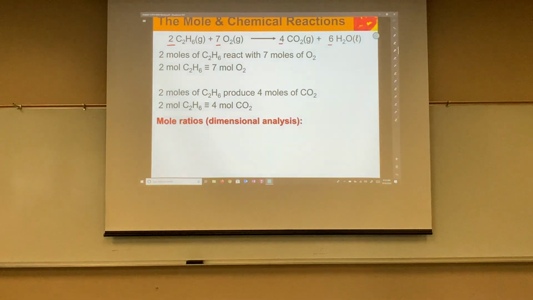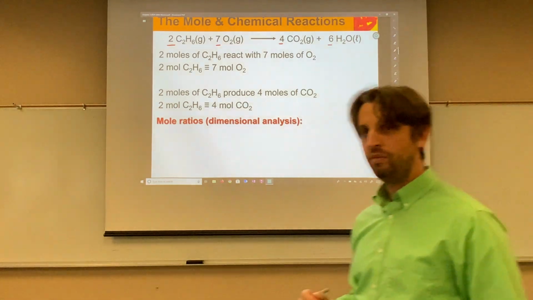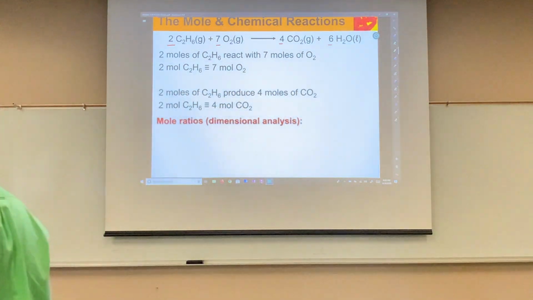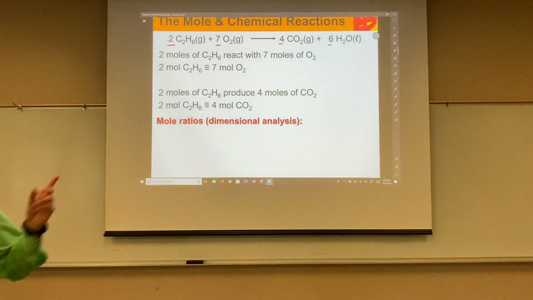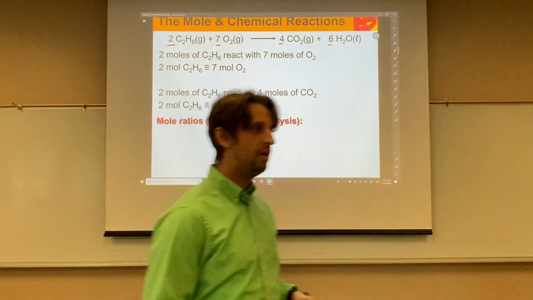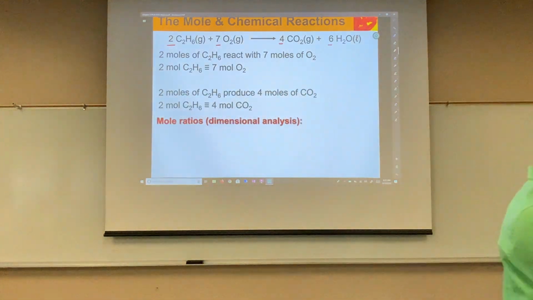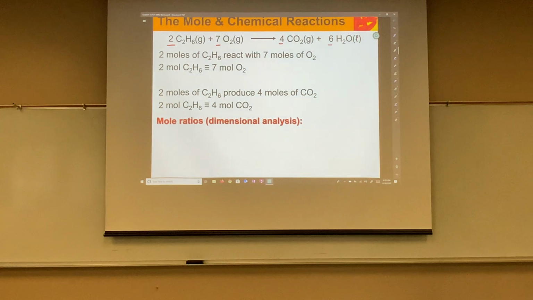I'm going to ask you, if I have 15 moles of oxygen, how many moles of CO2 get produced? 30. Well, hang on. What we're going to have to do is convert moles of oxygen into moles of CO2.